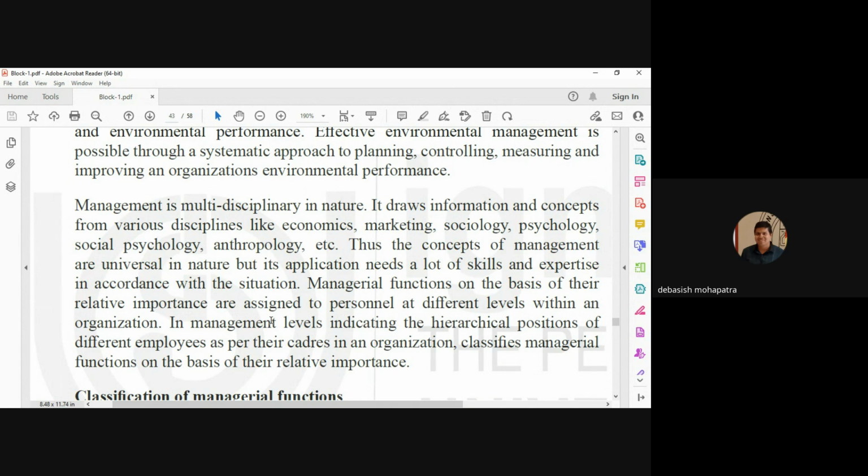In management, levels indicate the hierarchical position of the different employees as per their cadres in an organization.